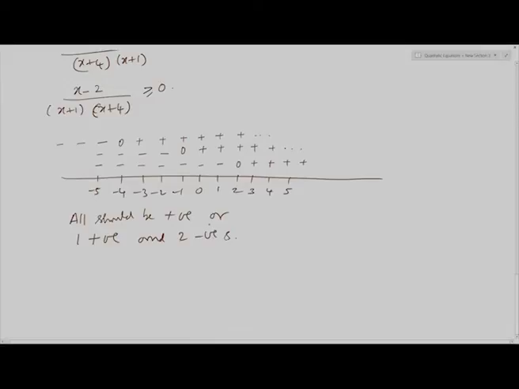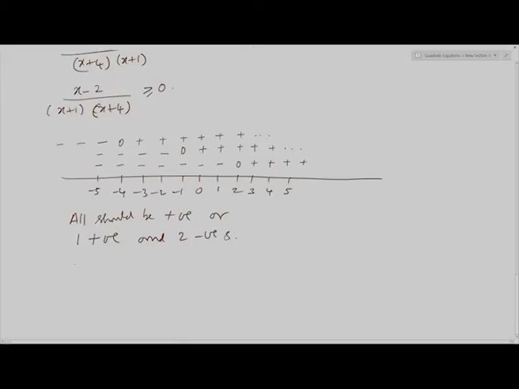So where is it occurring? For example, from 2 to infinity we have all positive, and 1 positive is happening only in this small interval, namely from -4 to -1.